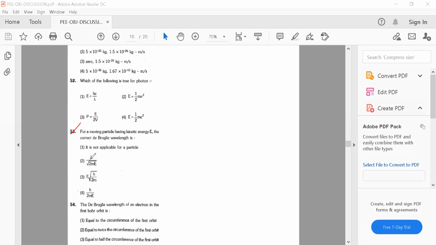For a moving particle, the correct de Broglie wavelength. It is not applicable only for some particle; it is applicable for all particles which are moving.